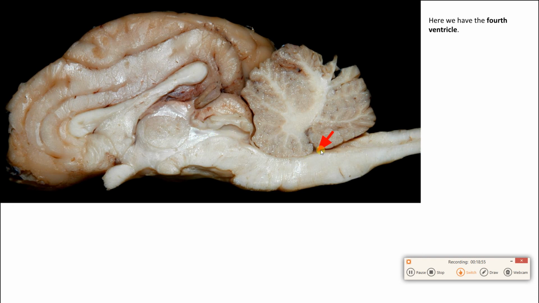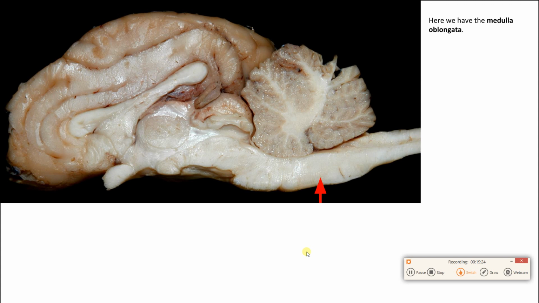And the fourth ventricle will continue downward into the spinal cord, the central canal of the spinal cord. There we go. As well as the fourth ventricle has exits for CSF to get out into the space around the brain and cord, and that space is called the subarachnoid space. All right, there's our medulla oblongata looking very nice right there.